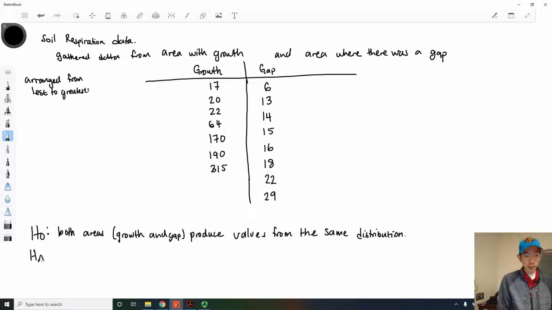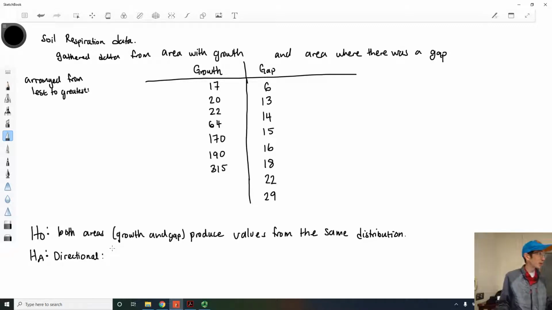For the alternative hypothesis, one thing to note is that for non-parametric tests, you have to write out the hypotheses in words because there are no parameters. You can't talk about mu, the mean of the population, because that's the opposite of a non-parametric test.